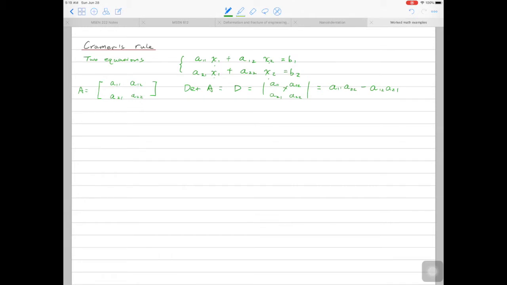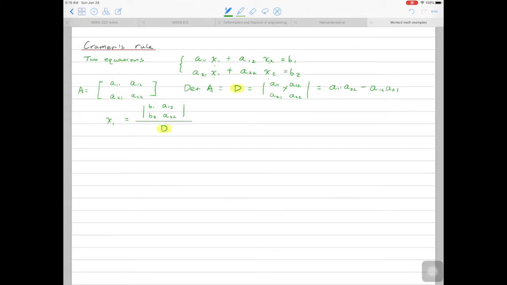What Cramer's rule tells us is the solution of x1. It can be written down as the determinant of b1, a12, b2, a22, divided by the determinant of matrix A. So the D here is the same as the D here.